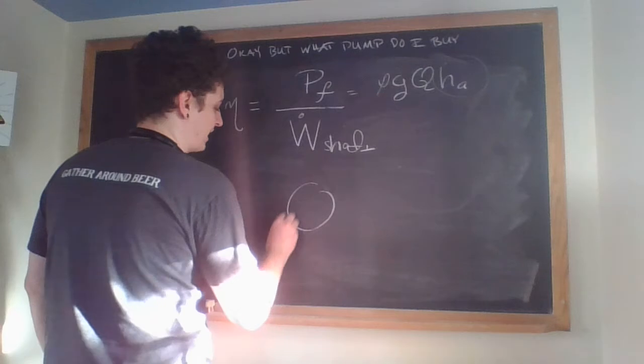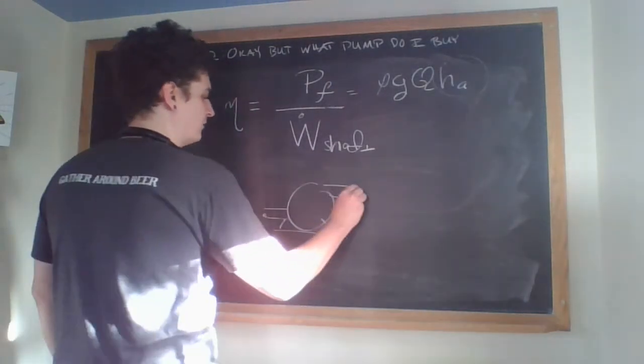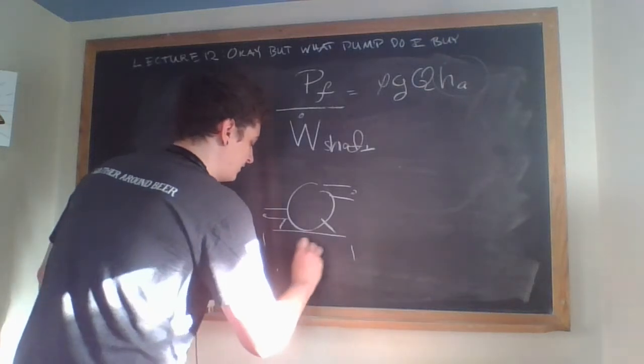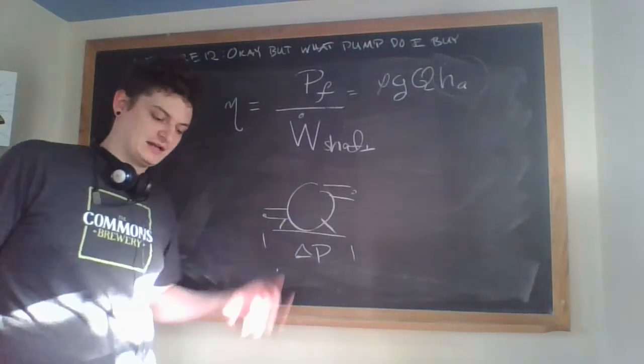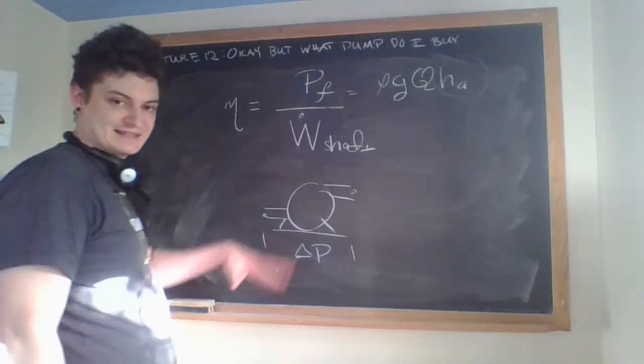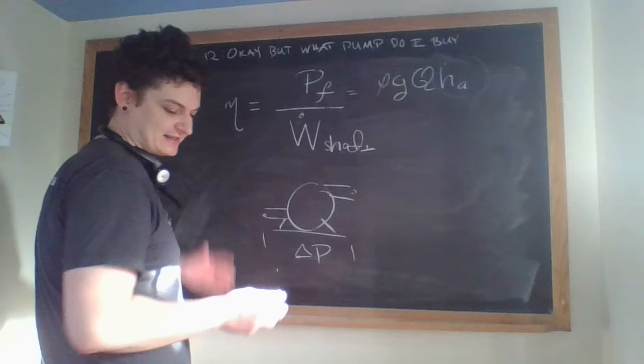If you had a pump, here's a delta P that you can measure from suction to outlet. If the delta Z is not too big, or actually the delta V is not that big, it's basically moving at the same speed and all you change is the head.